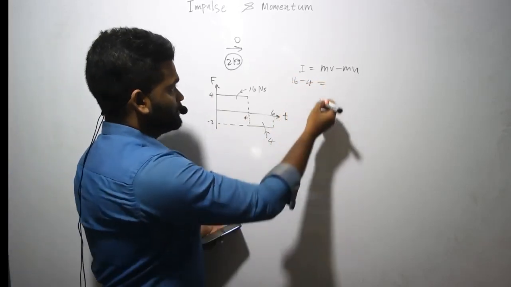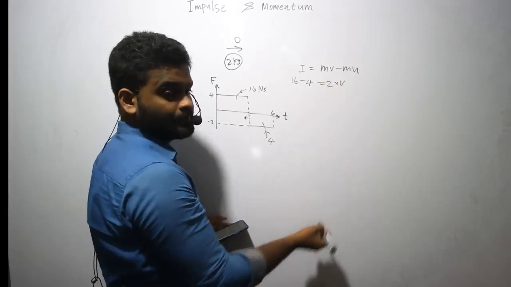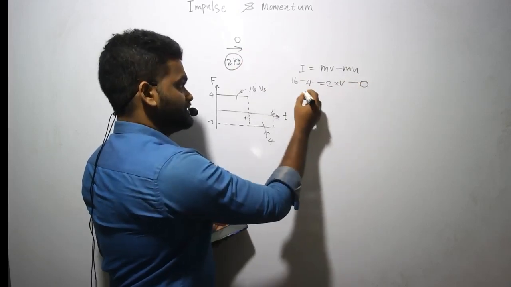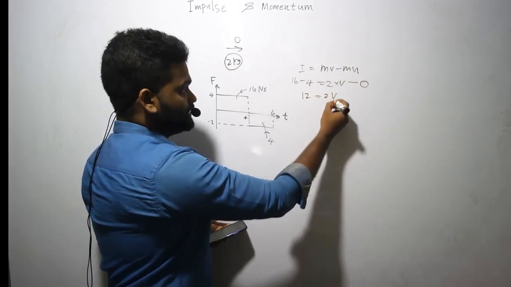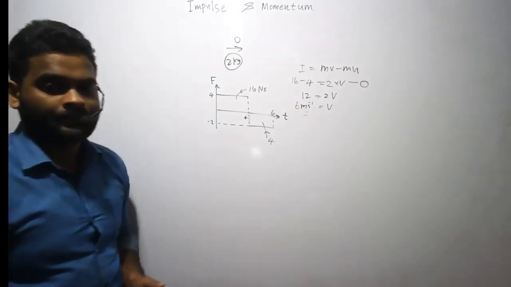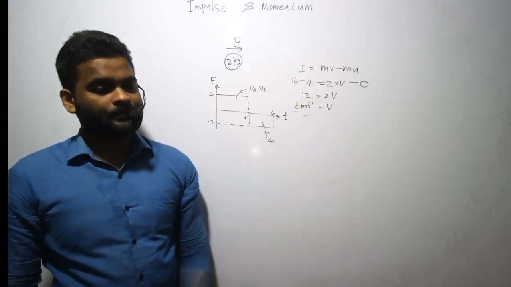This is equal to, let's say the mass is 2 kilogram, velocity is v, minus, initially it is at rest. So this is 12 equals 2v. So v is equal to 6 meters per second, right? So velocity is equal to 6 meters per second.